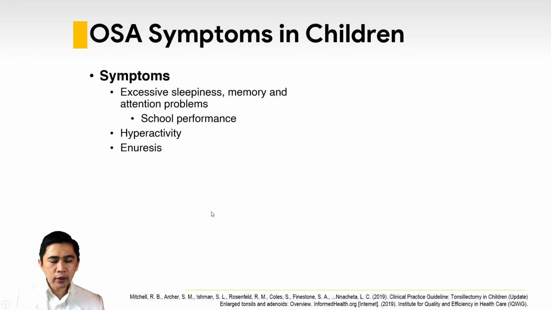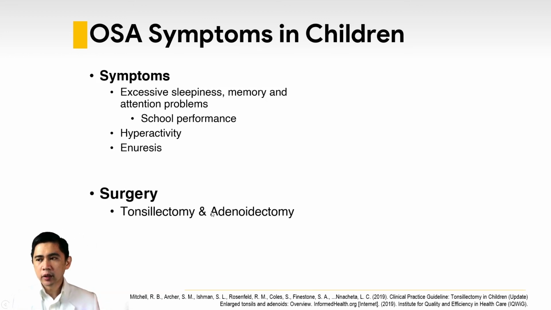And in children, surgery is the mainstay of treatment, usually through tonsillectomy and adenoidectomy. And this is curative for OSA in children. Not much of the CPAP or the oral appliance seen in adults. You just have to remove the tonsils and adenoids because these are the ones that contribute to the obstruction of the airway.